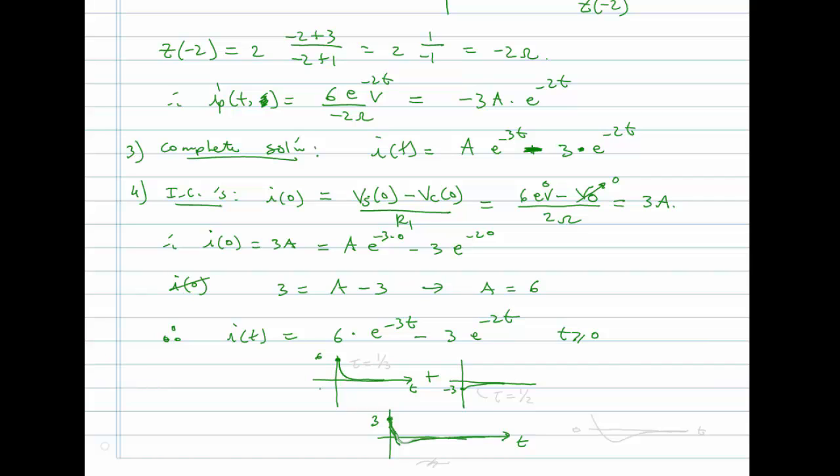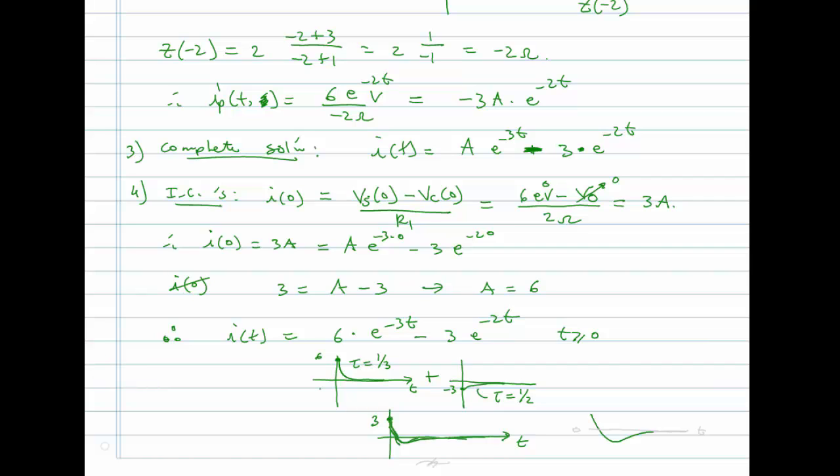The reason that it goes negative is that this is a tau of 1/3, and this is a tau of 1/2. So the positive signal here decays quicker than the negative signal, and so there comes a point when there's a residue of the negative signal that is greater than the positive one, and so this dips below.